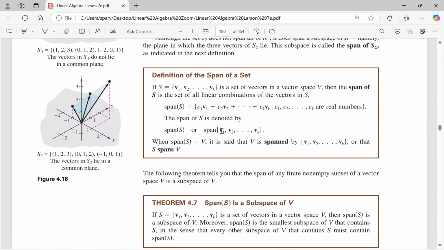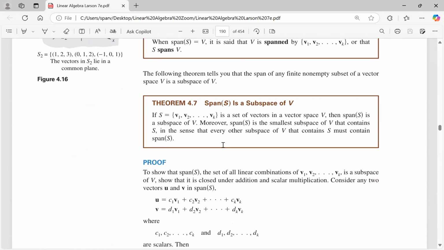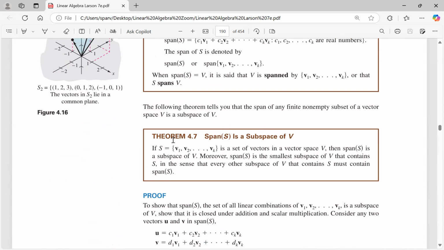That's the span of the set, all possible linear combinations of these, however many there are. And these subscripted v's could be row vectors or column vectors.